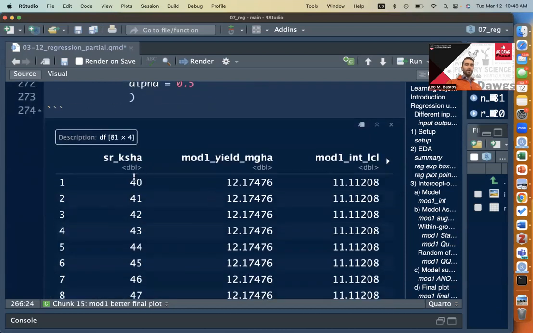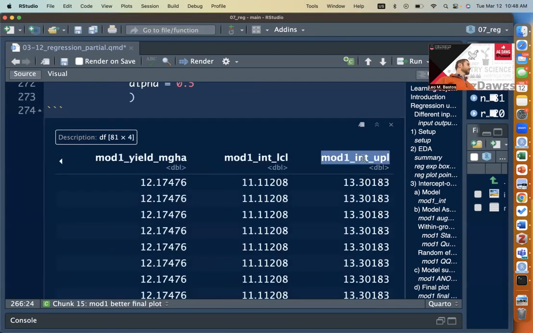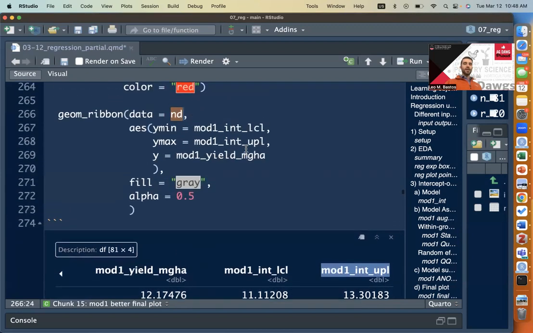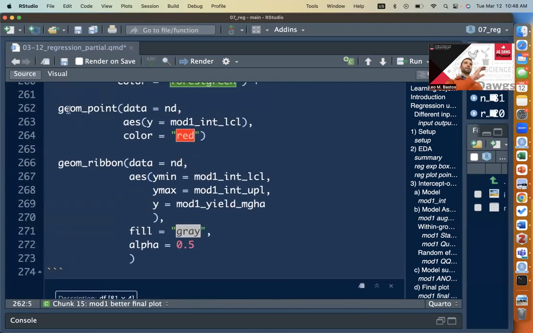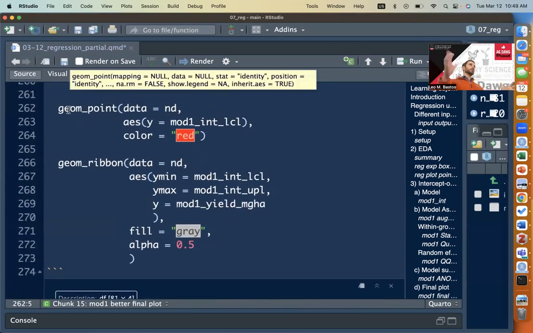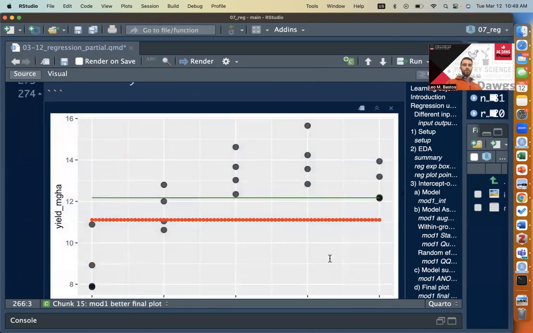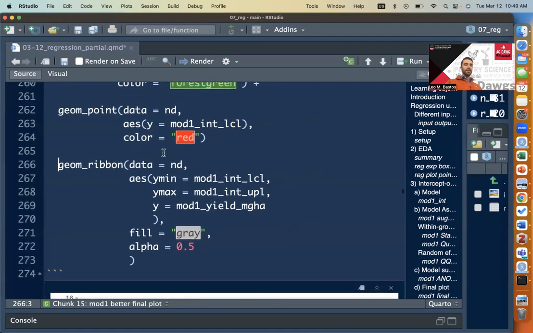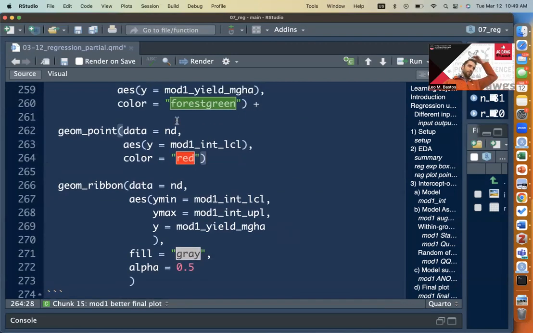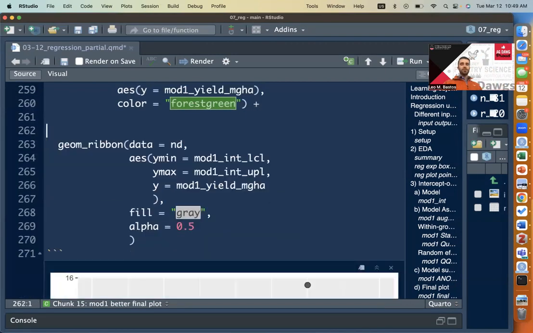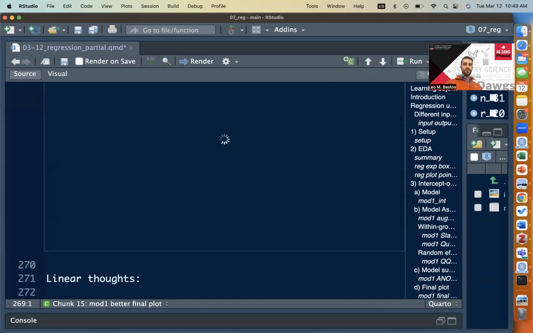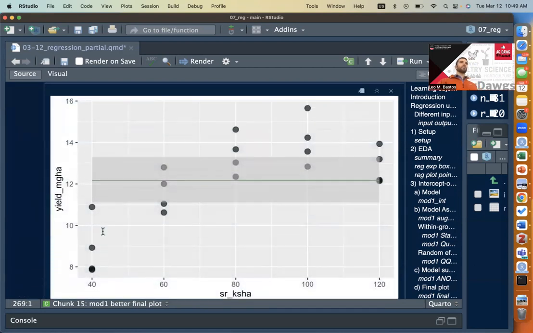So for each seeding rate, I had a point that represents the lower confidence level and a point that represents the upper level. But when we use that in the ribbon, it's just connecting those points and showing us. So there are points, and I just did this extra here to help your understanding, but the ribbon is just showing us those points connected, both for the lower and the upper.